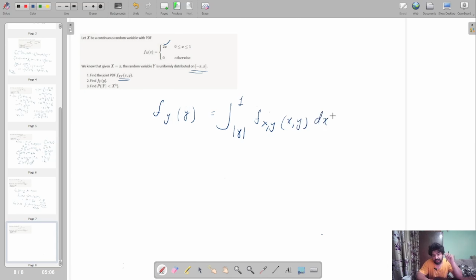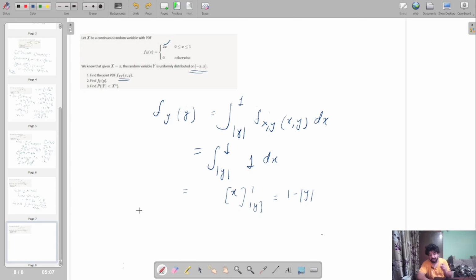Since f(x,y) equals 1, as we calculated above, I can write the integral from modulus of y to 1 of 1 dx. If I solve this, we will have x from modulus of y to 1, so I will have 1 minus modulus of y.